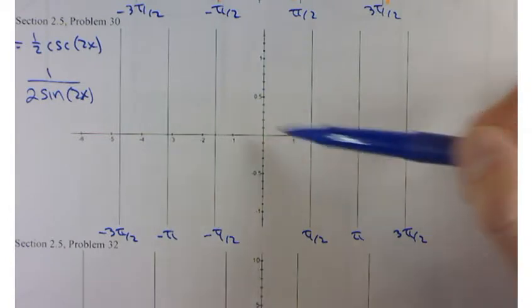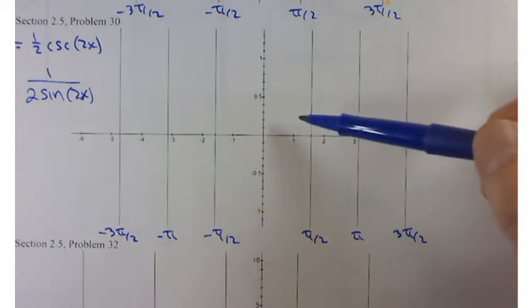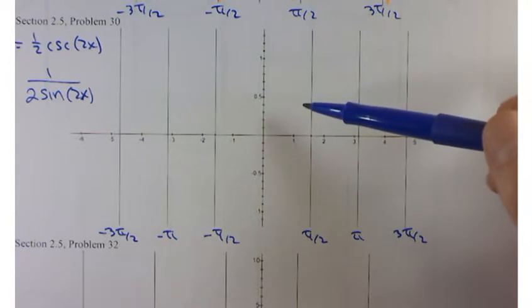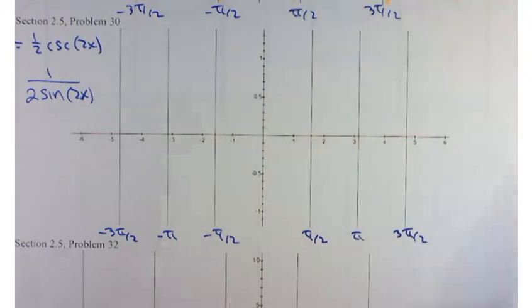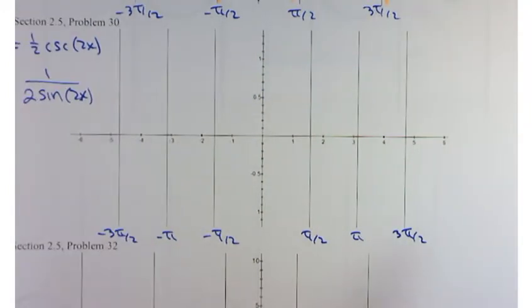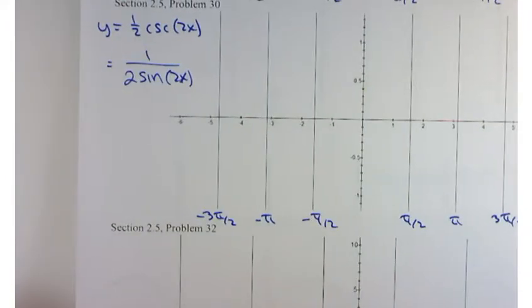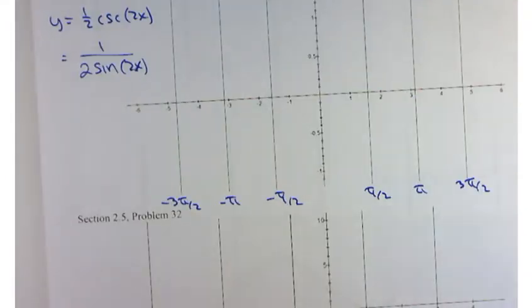It's up to you what you want to do here to finish graphing this. You can test a point like we did a minute ago, or you can take out your graphing calculator. Since there's not a lot of motivation to test a point, let's take out our graphing calculators.